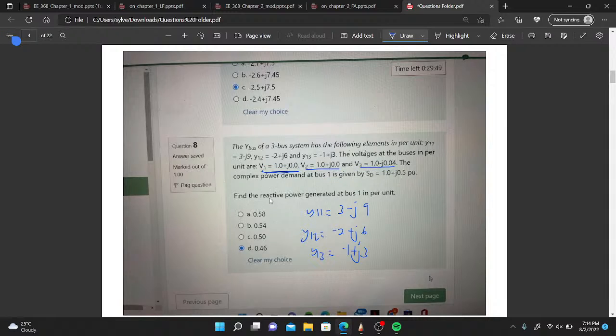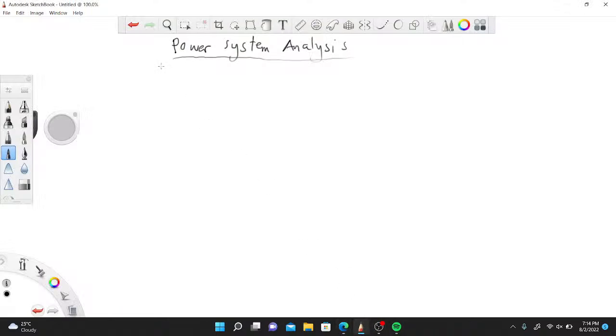Now we are supposed to find the reactive power generated in bus 1. So now we're looking at finding power at buses.